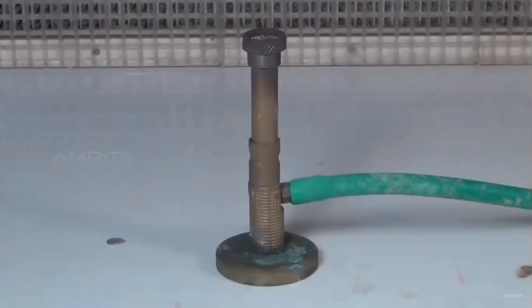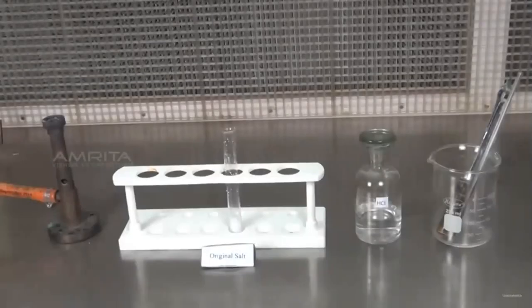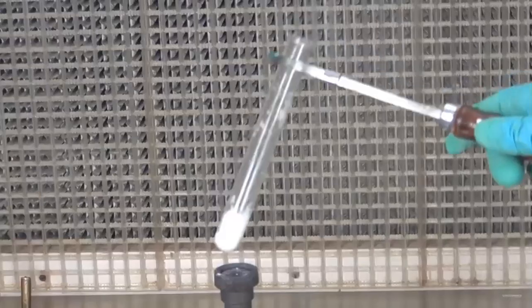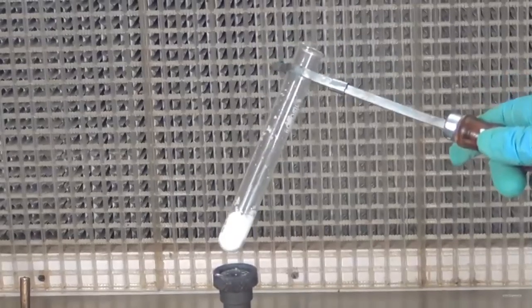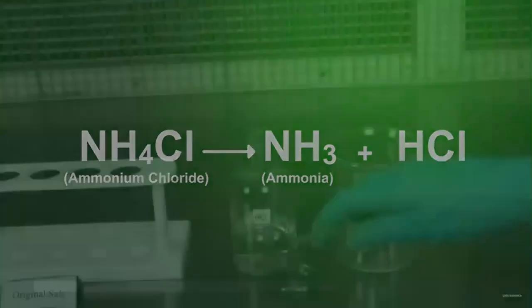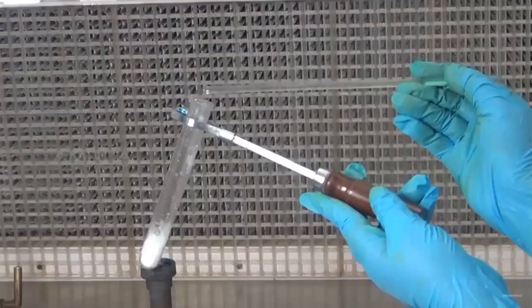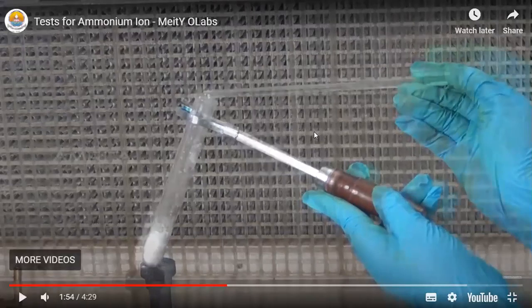So we have the same required material, but we have taken the salt into the test tube and now we are heating it. Last time we brought the moist blue litmus paper near the mouth of the test tube.